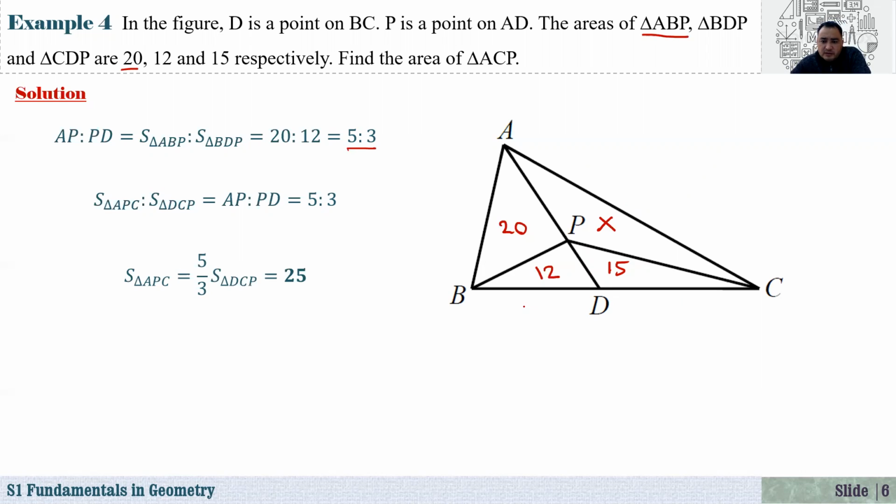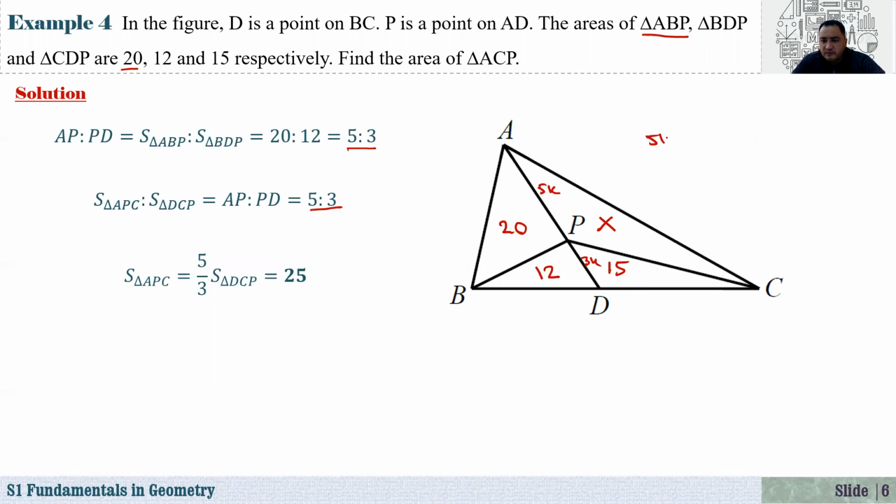Now since APC is equal to X, X over 15 is equal to 5 over 3. From here, the area of APC is equal to 25. Or simply, since AP to PD is equal to 5 to 3, I can write here 5K, and this should be 3K.